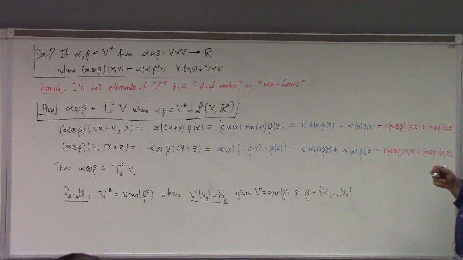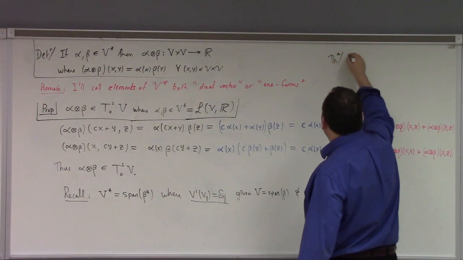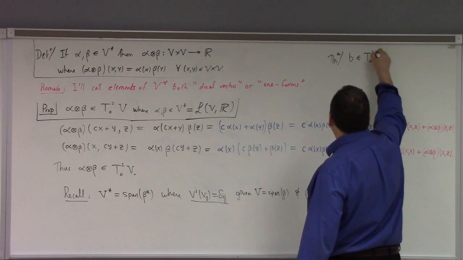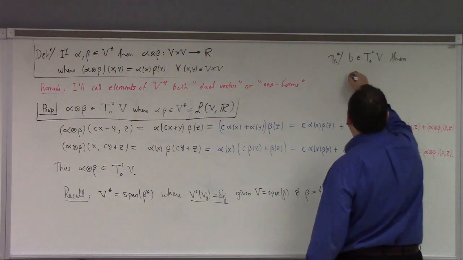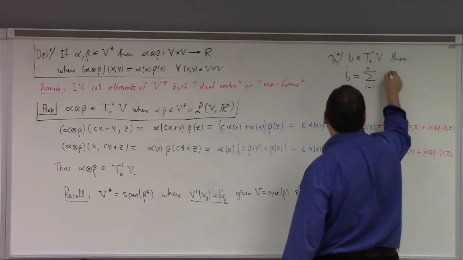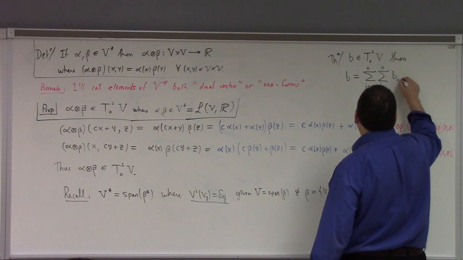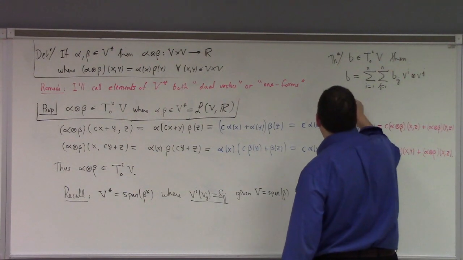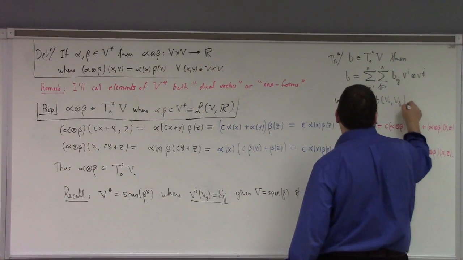And I even proved last time, we had a little theorem, and that theorem showed us that if B is an element of, in my current notation, T_0^2 V, then B is actually equal to the sum i equals 1 to n, sum j equals 1 to n of B_ij V^i tensor V^j, where B_ij is actually equal to B acting on V_i, V_j.